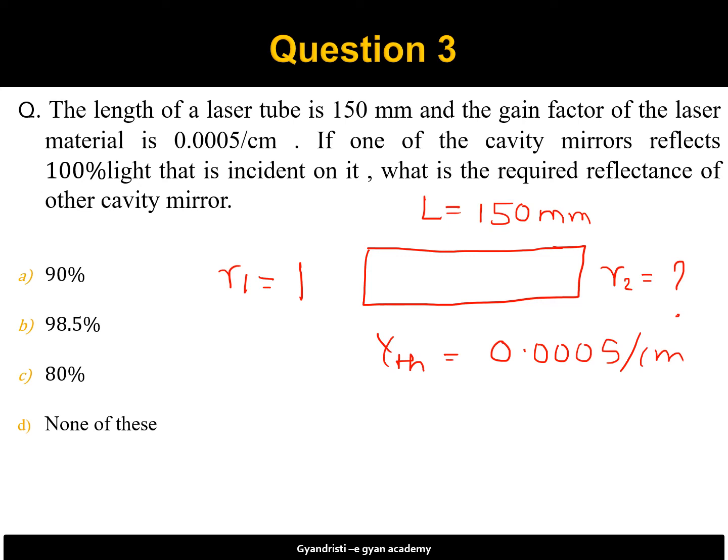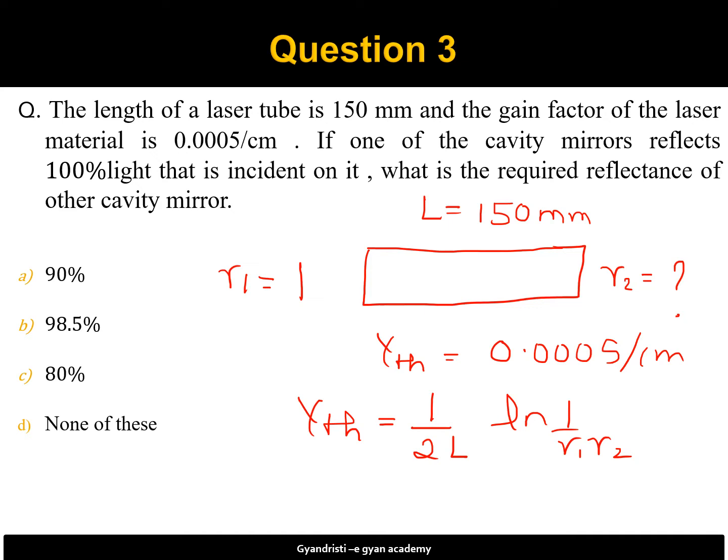So we can use the relation here. Threshold gain is related to 1 upon 2L ln 1 by R1 R2. So this is the relation between reflectivity and threshold gain. The threshold gain is given here, that is 0.005 per centimeter. L is also given, 150 mm.